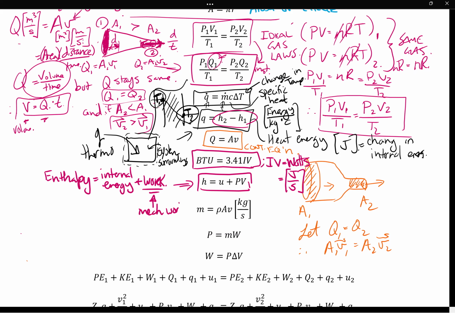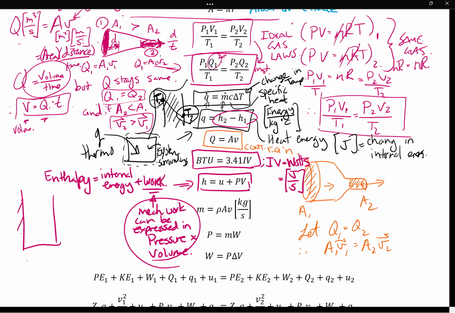Mechanical work can be expressed in pressure times volume. If you need that proof, by all means, just let me know. Something has, let's say, a piston in a cylinder, a classic example.